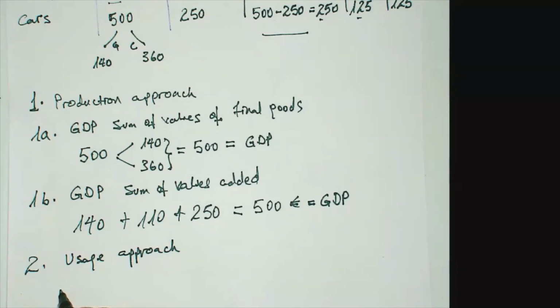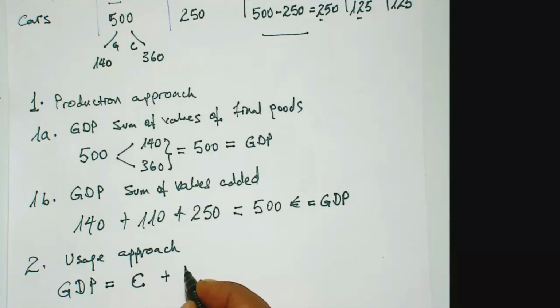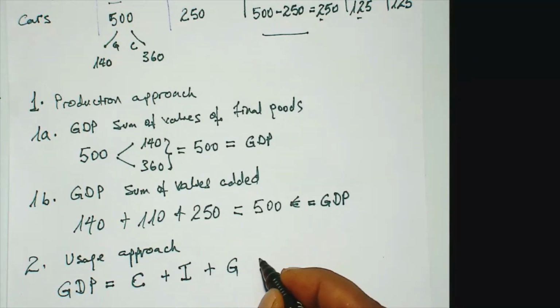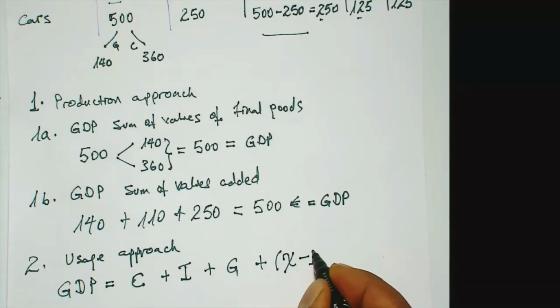We have to make use of a formula which says GDP is equal to C, which represents consumption, plus I, which represents investment, plus G, which represents government expenditure, plus, in theoretical sense, export minus import, which is the net export.